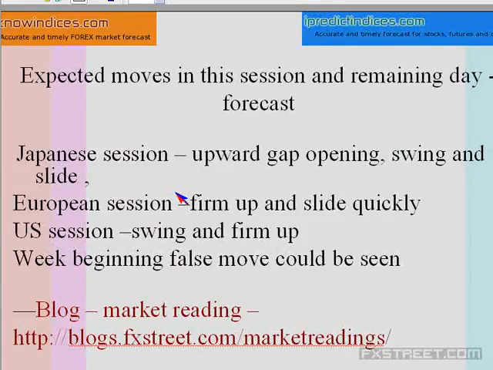I will focus the camera on the PowerPoint presentation. Now during the Japanese session, an upward gap opening, swing and slide are the expected move. Then during the European session, a firm up move and then a slide is expected. Then during the US session, a swing near the low and a firm up is expected.